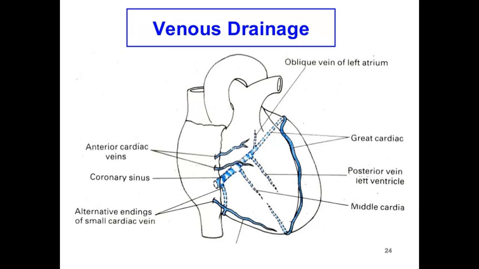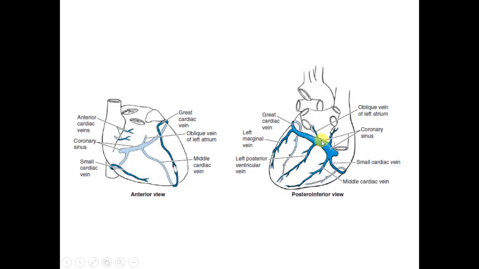So this part here is the great cardiac vein, which is then named, after the entry of the oblique cardiac vein, the coronary sinus. So here we see the great cardiac vein running along the anterior interventricular groove, going upward, then turning around, and then here, by the oblique cardiac vein, it becomes the coronary sinus.